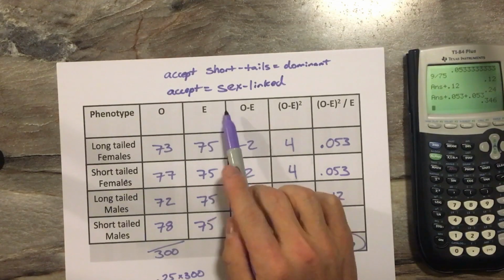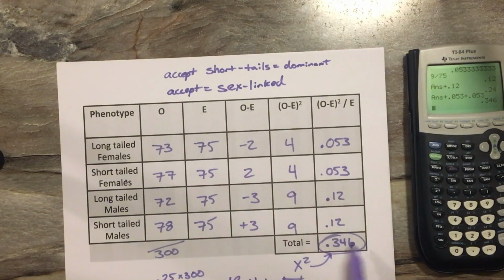And the reason we accept it that it's sex-linked is we got such a low value here. If we would have done the same thing, guys, with complete dominance, with only 2 phenotypes, we probably would have got a huge number here, and we would have been like, oh, crap, something's wrong there, because your number would be so high.